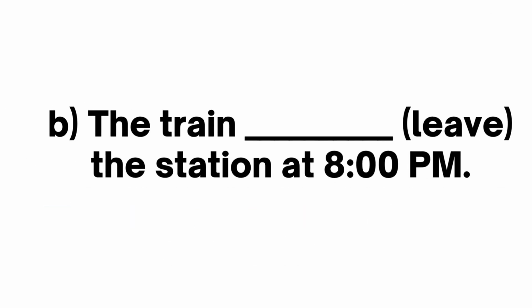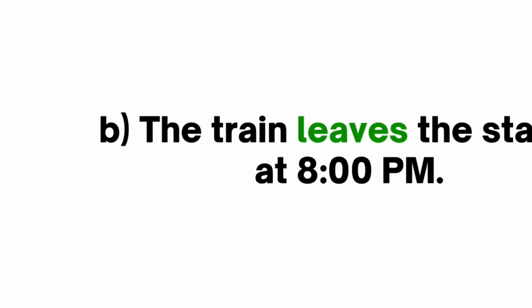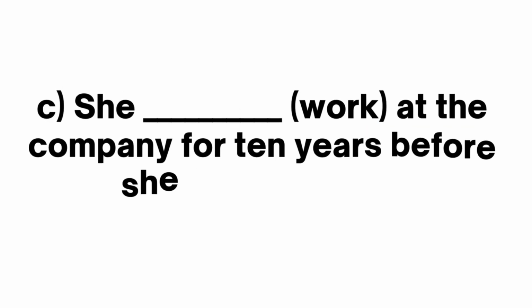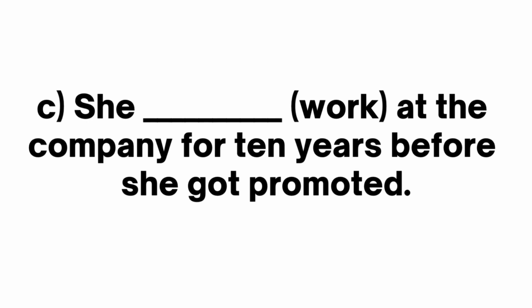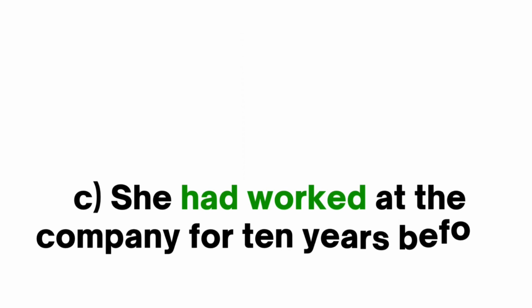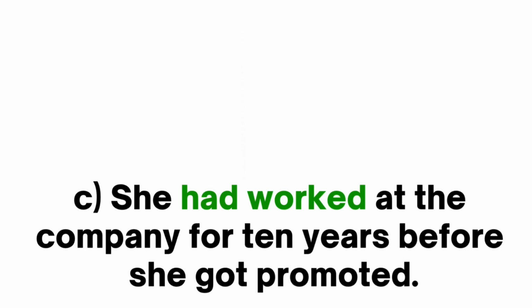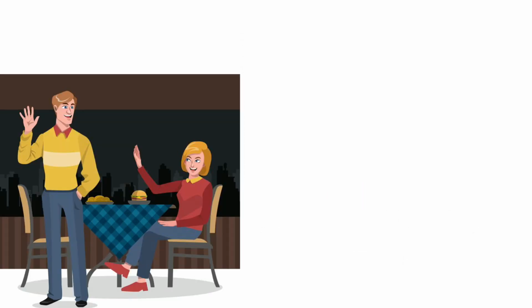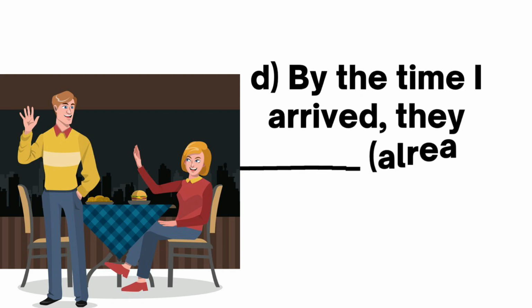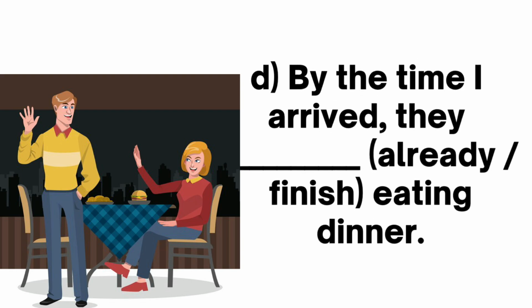B. The train leave the station at 8 p.m. C. She worked at the company for 10 years before she got promoted. D. By the time I arrived, already finished eating dinner.